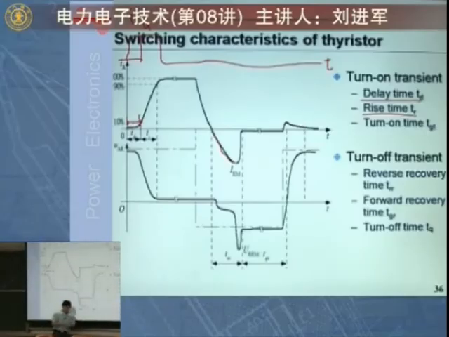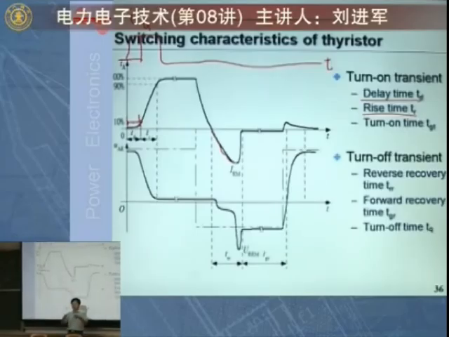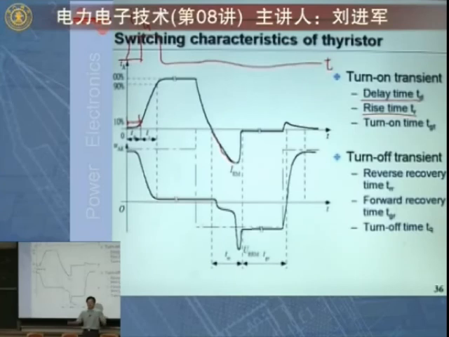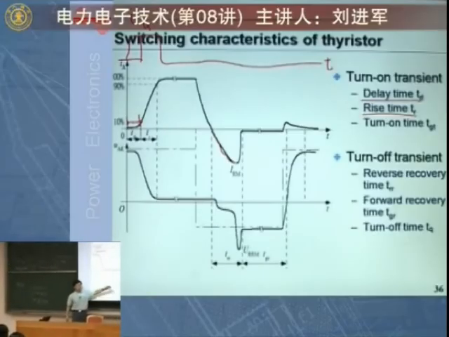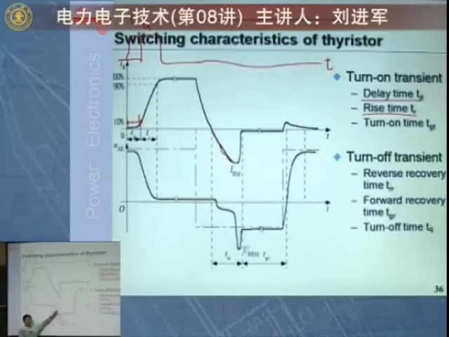And when this current lasts for a certain time, the carriers inside the 4 layers of the thyristor will be swept out. After a certain time, this negative current will take all these carriers out. And then the thyristor gradually has the ability to block voltage. The conductivity is no longer high; it is getting back to nearly 0.